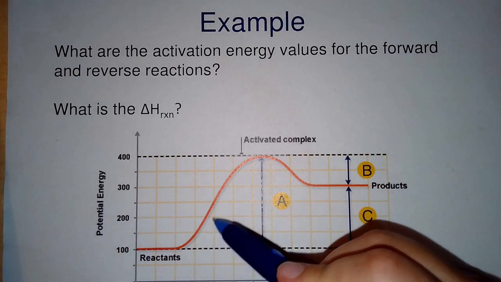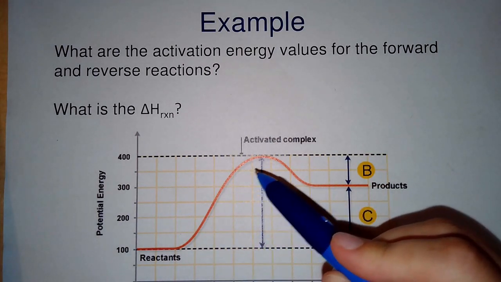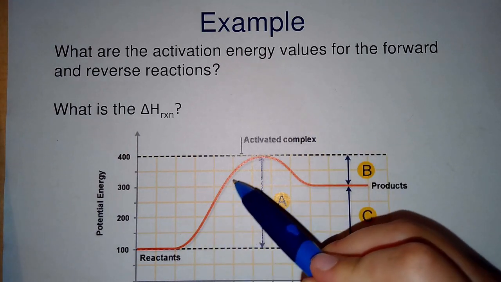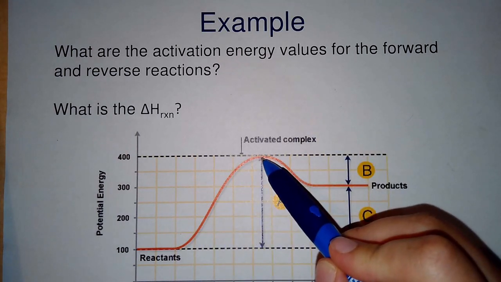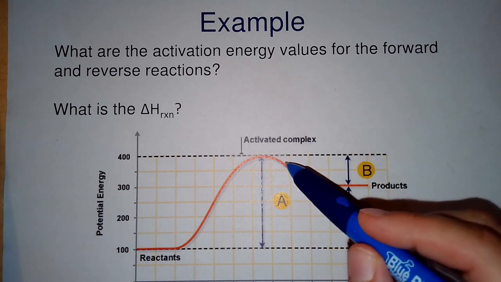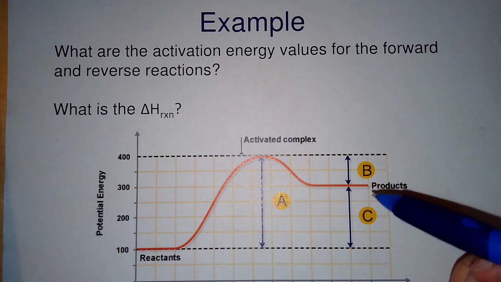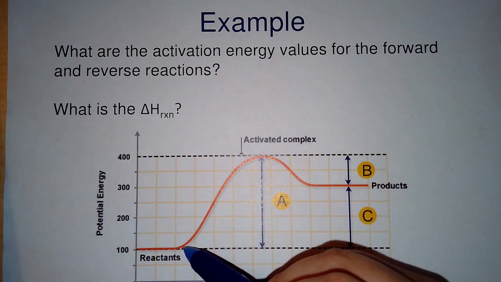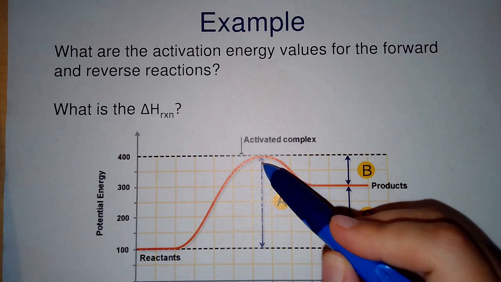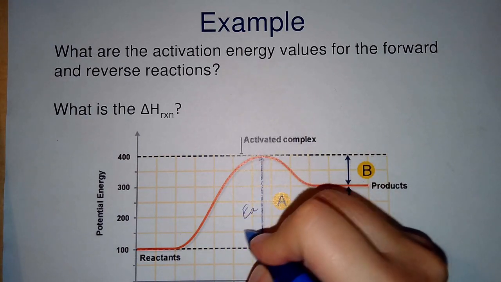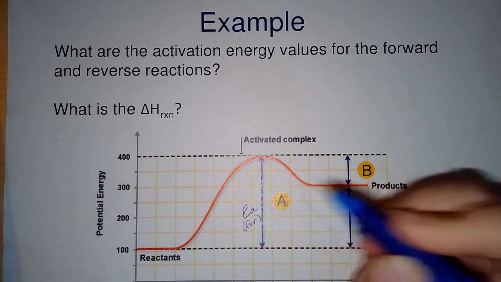As our reactants turn into products going through the activated complex, we can see an increase in the energy leading up to the activated complex, and then energy being released as it moves down toward products. So the amount of energy needed to get to the activated complex from the reactants is the activation energy of the forward reaction.